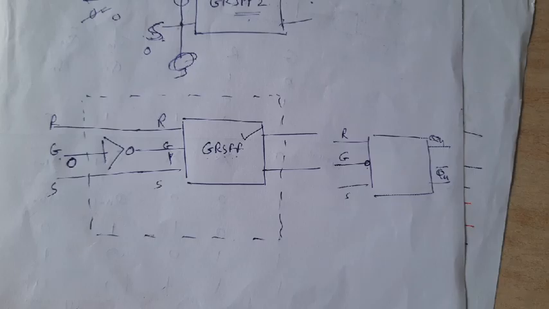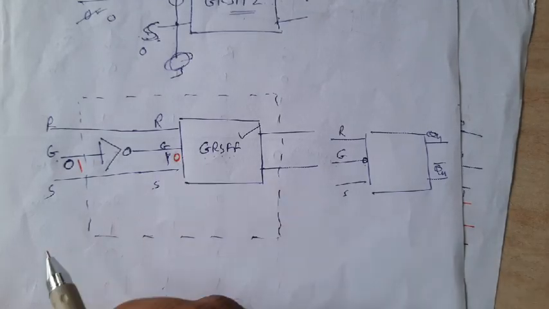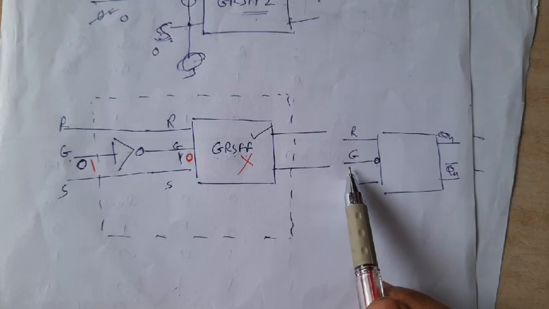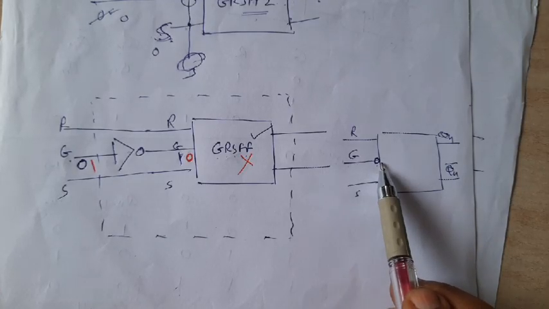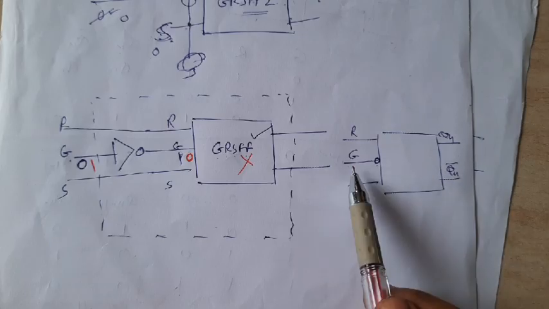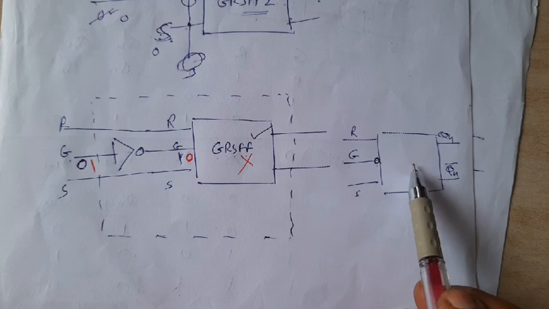But if the outermost input, that is if this gate is equal to 1, then this will be 0 and this gate is disabled. Right? So if here it is 1, actual input will be 0 and it is disabled. But here it is 0, then the actual input will be 1 and this will be enabled.